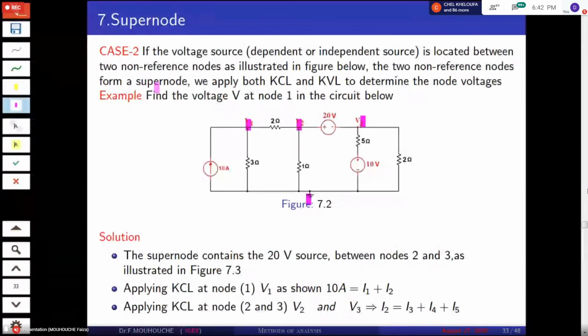We apply both Kirchhoff's current law and Kirchhoff's voltage law to determine the node voltages.